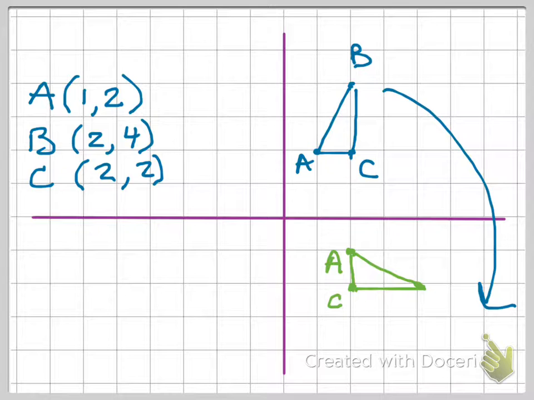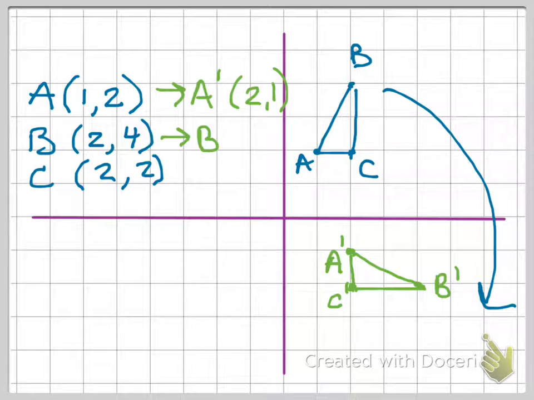So let's talk about our new points. So our new A is at 2, negative 1. The new B is at 4, negative 2.